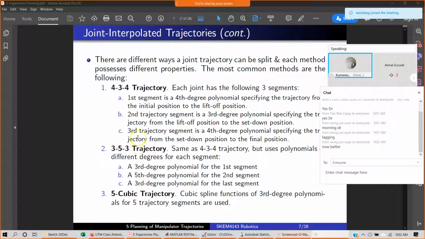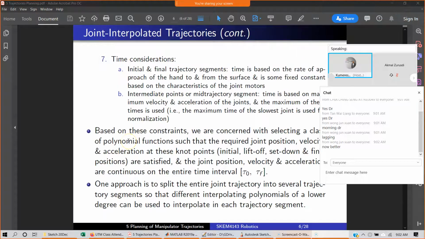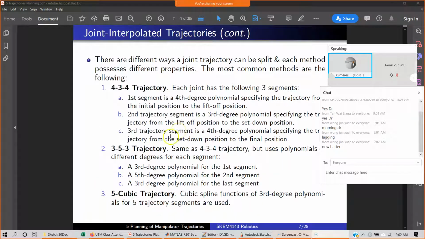Okay, so in the previous class we talked about the joint interpolated trajectories, right? And we discussed that there are a number of ways we can design the trajectory for our robot arm. Namely, the 4-3-4 trajectory, 3-5-3 trajectory, 5 cubic trajectory, and so on.